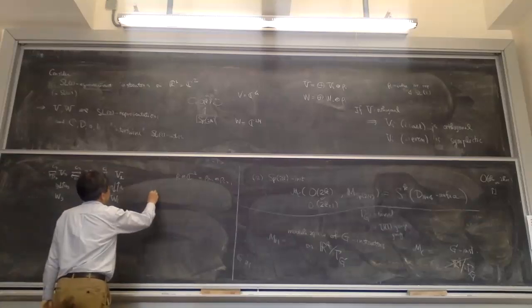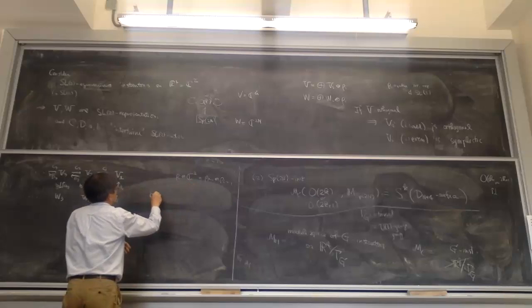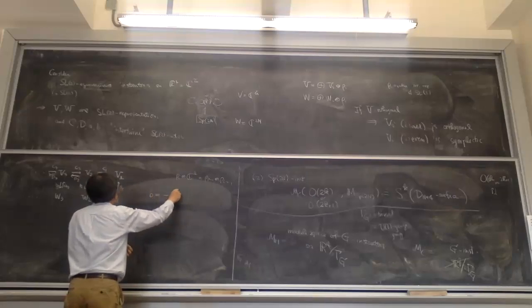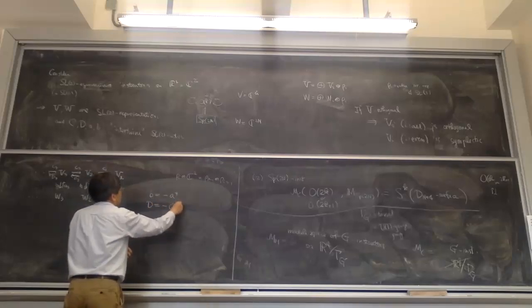And the rule for C and D is slightly different from the previous one: B equals minus B star now, and D equals minus D star.